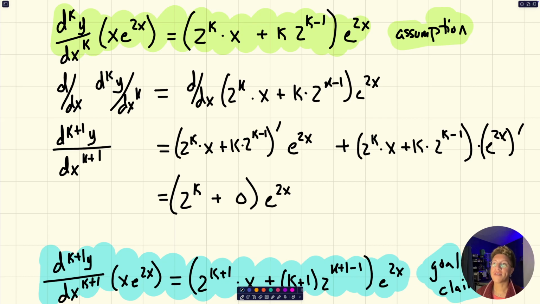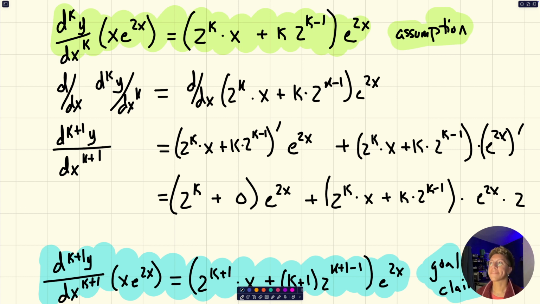In the second part of our product rule, we take this part and we keep it the same, so we get 2 to the k times x plus k times 2 to the k minus 1. And then, like we saw before, this second derivative is not too bad. It's e to the 2x, derivative of the outside, keeping the inside the same, and then multiplying by the derivative of the inside, which is 2x, which is 2, like that.